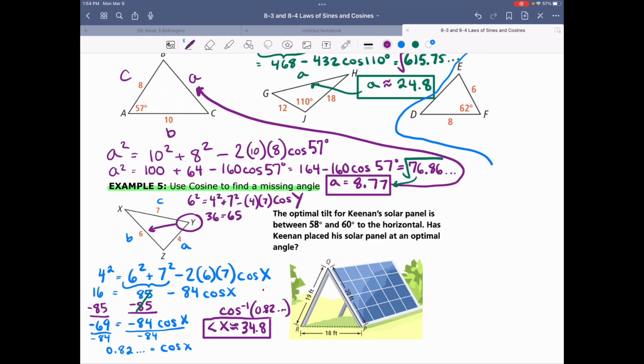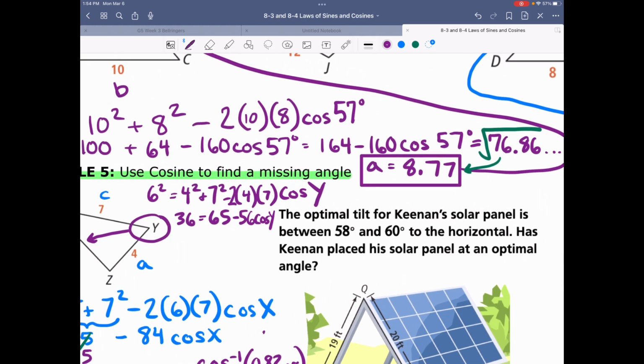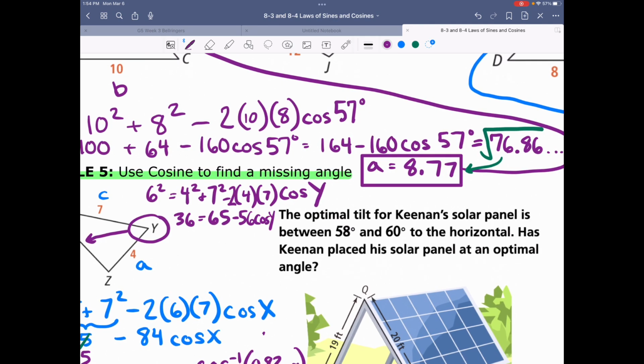4 times 7, oh, I forgot the 2. 2 times 4 is 8. 8 times 7 is 56. So 56 cosine y. I'm sorry, let me write that a little bit smaller just so it fits.